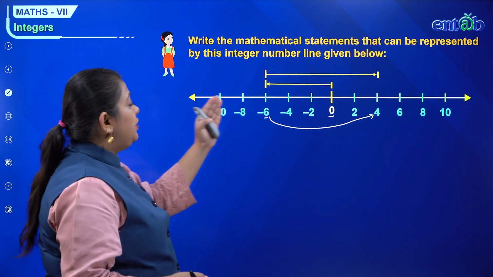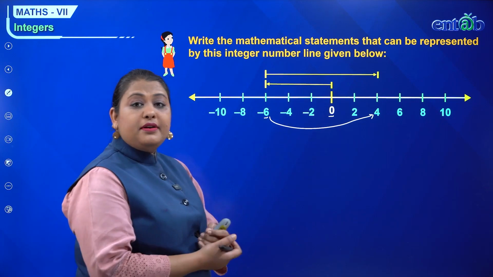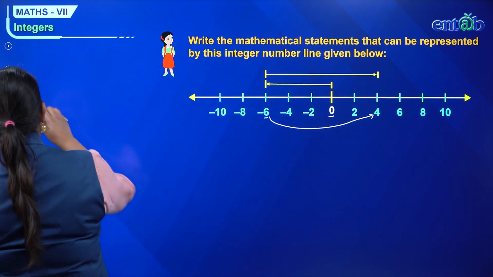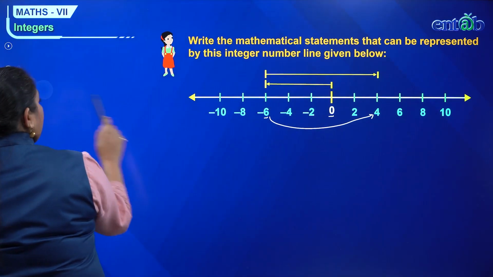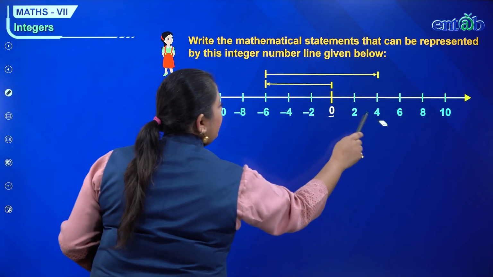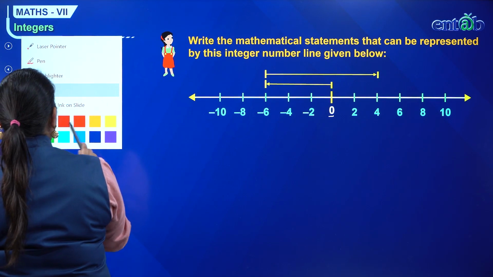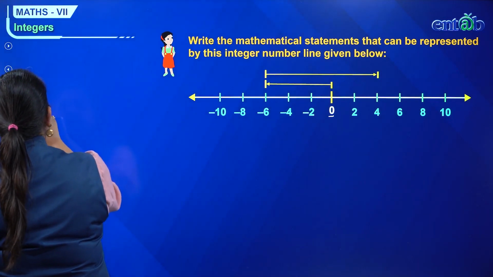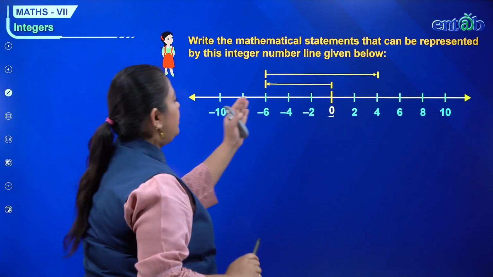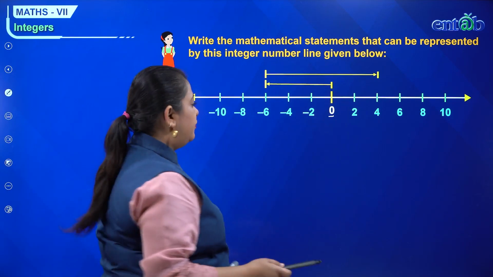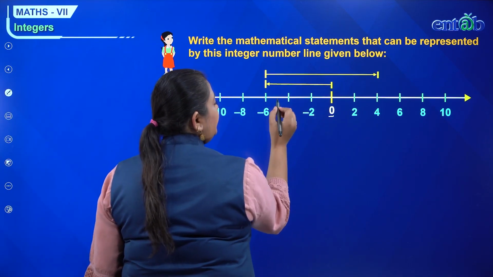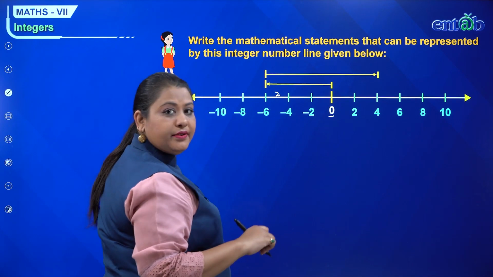Now note the number of steps it is moving. Let us count how many units it is moving in order to move from -6 to 4. So from -6 to -4, 2 units, right?